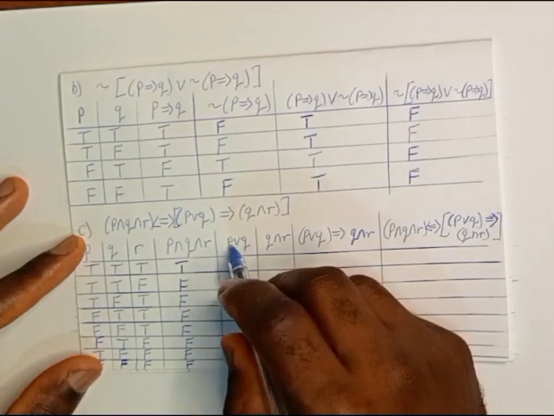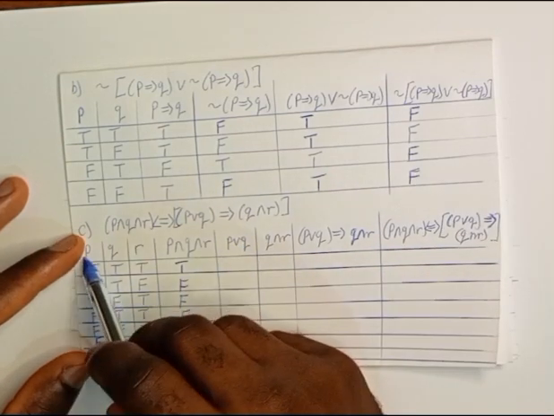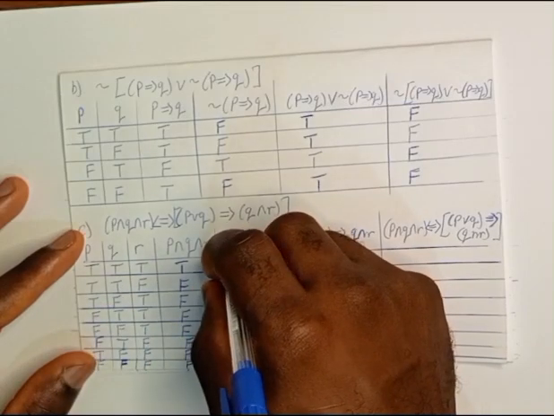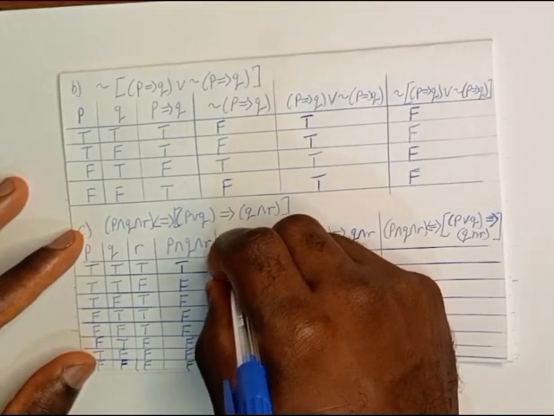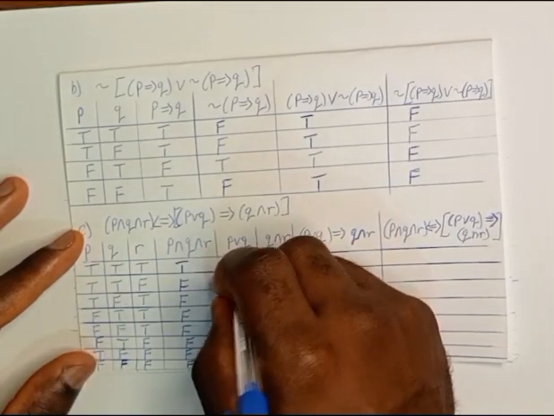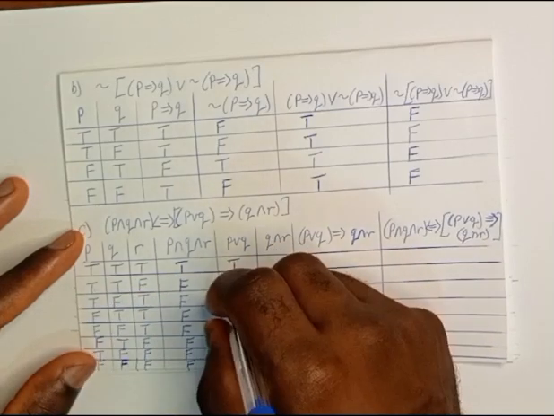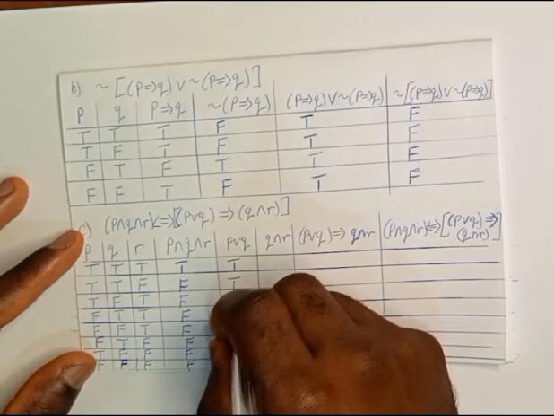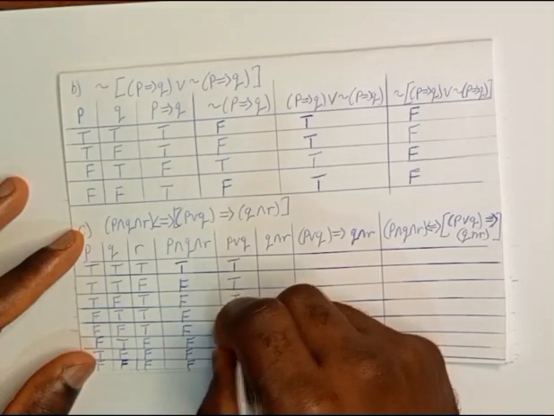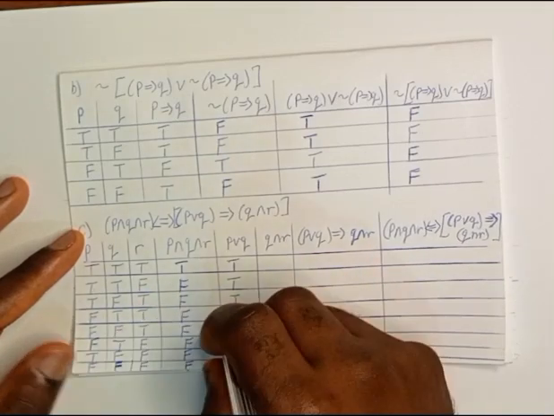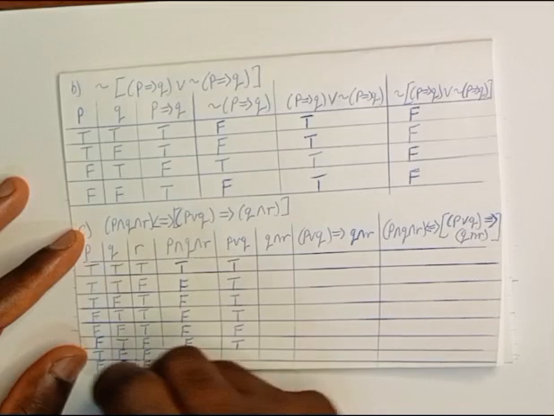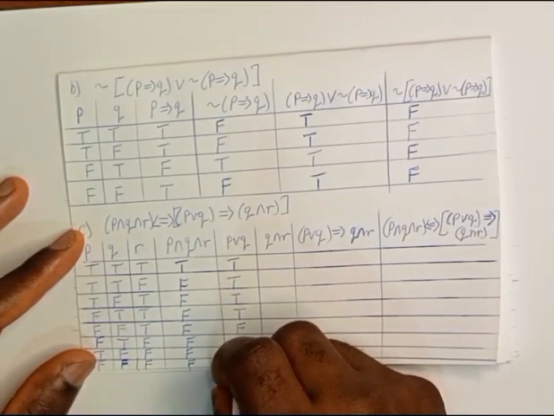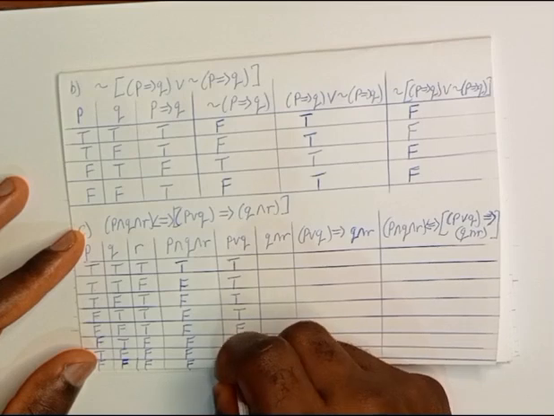We go now to P or Q. True gives us true. True, false, true, false, true, false, false, true, false, true, false gives false.